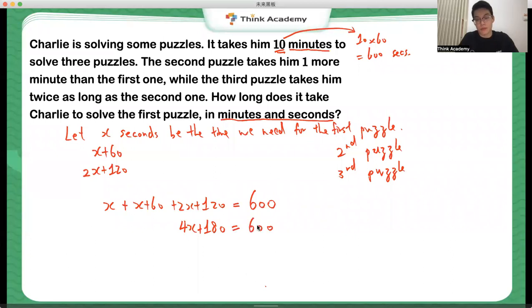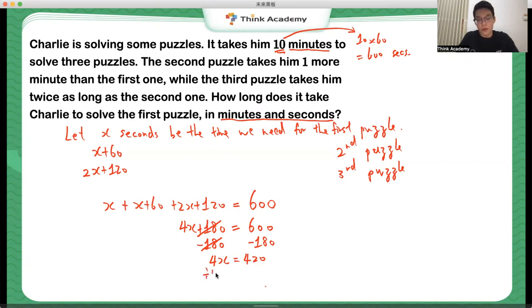And that's 600. I just leave the right-hand side as it is. So now I remove the number from the left-hand side. Hope you still remember that technique. I just do the same operation on both sides and cancel out what we have on the left-hand side. So now I have 4x equals 600, take away 180. That's going to be 420.